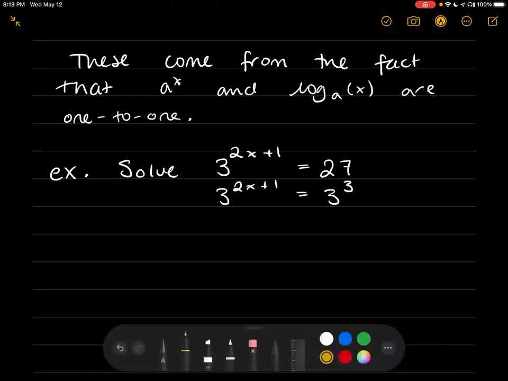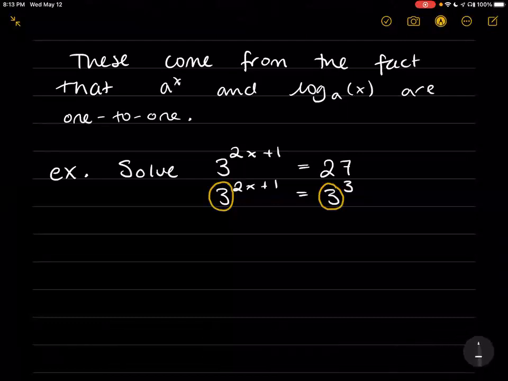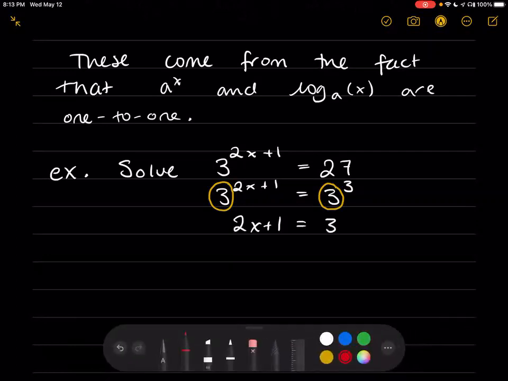Now, I have 3 raised to a power on both sides. So the base has to be the same. In this case, they're both 3. So what we can say is 2x plus 1 equals 3, where the 2x plus 1 came from here, and that 3 right here came from this power.